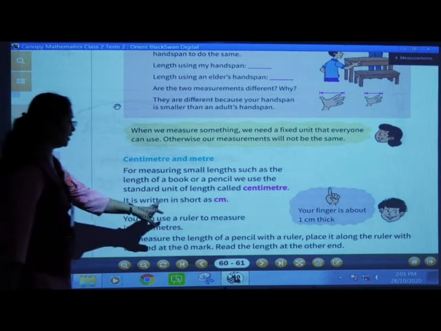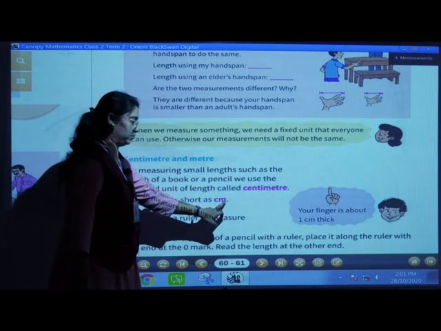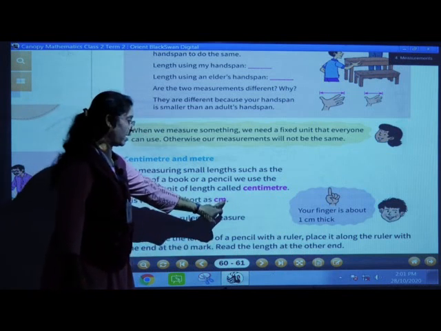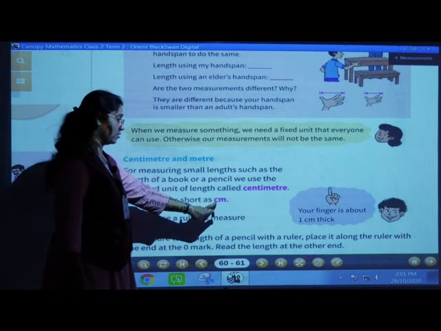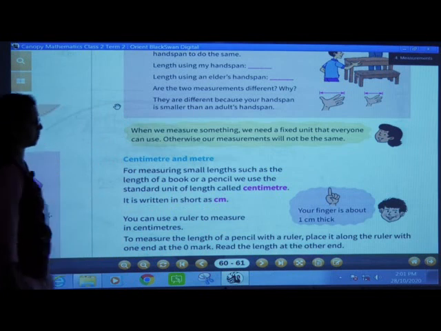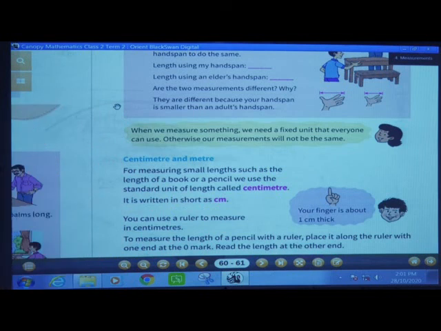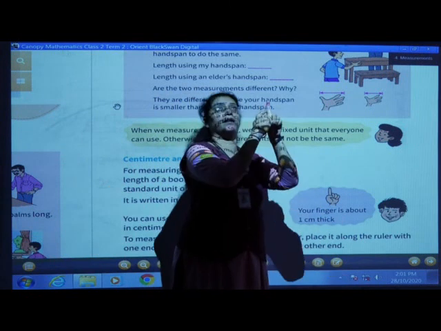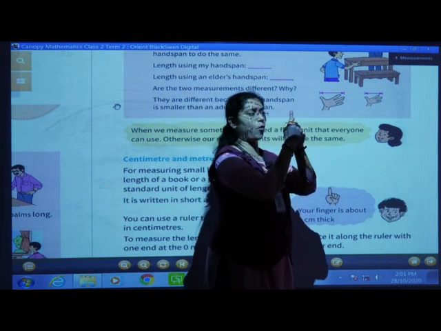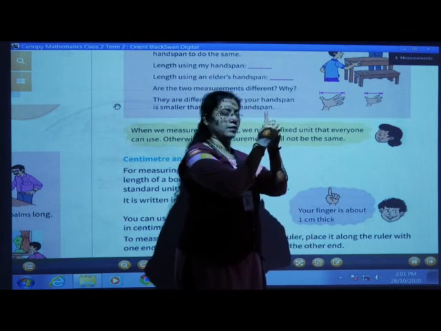It is written in short as cm. See, our finger is about 1 centimeter thick.